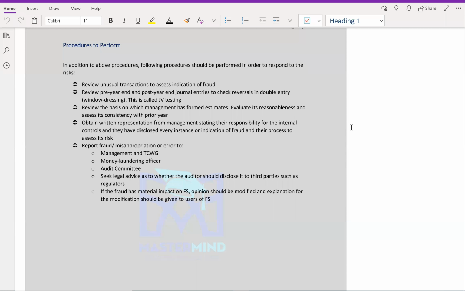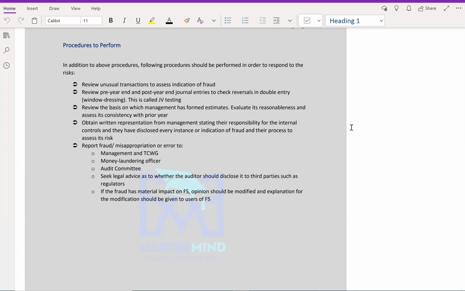This happens a lot, which we'll discuss later. Review the basis on which management has formed estimates. How have you created a provision? There has to be a basis for it because it's an estimate, right? Evaluate its reasonableness and assess its consistency with prior year.